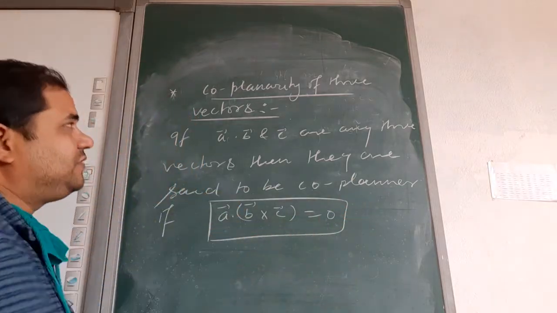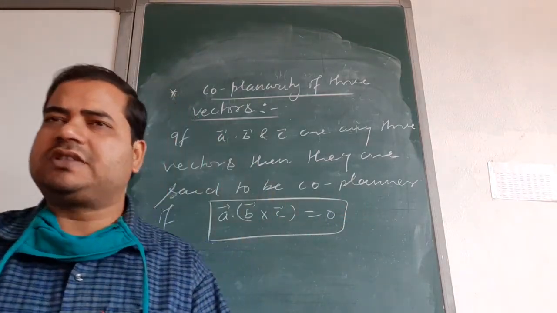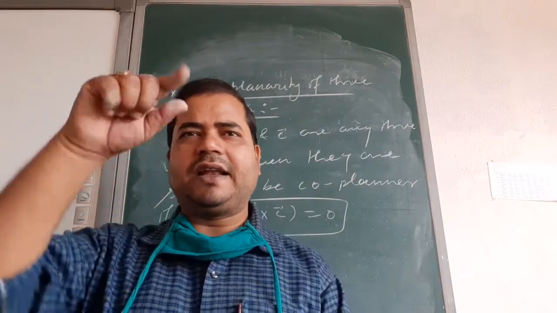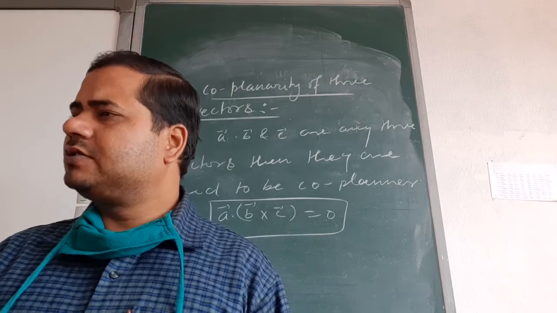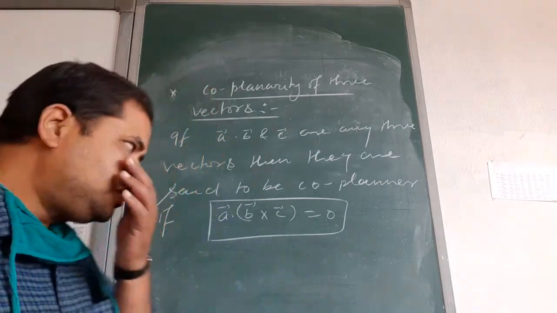Okay, that means if you write in terms of coefficients, then the determinant of A1, A2, A3, B1, B2, B3, C1, C2, C3 must be equal to 0. Clear? And now see one more thing here.